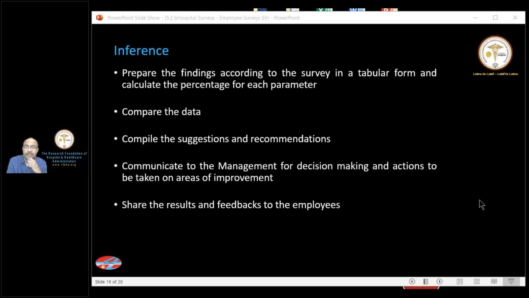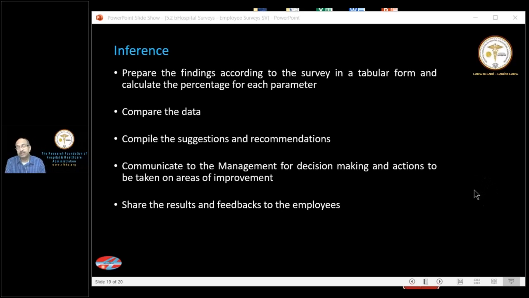Some indications would have been given by the employees themselves. The others need to be worked out or need to be discerned by the management by looking at the survey responses. And the last but one of the important steps is to share the results of the employee surveys.